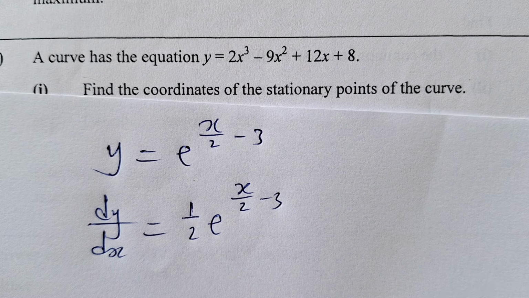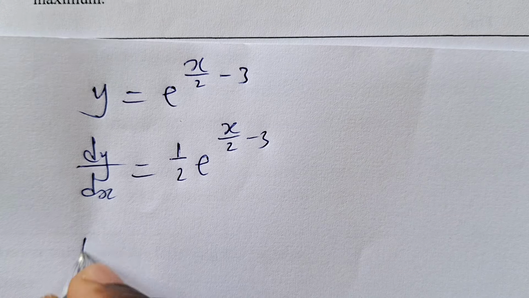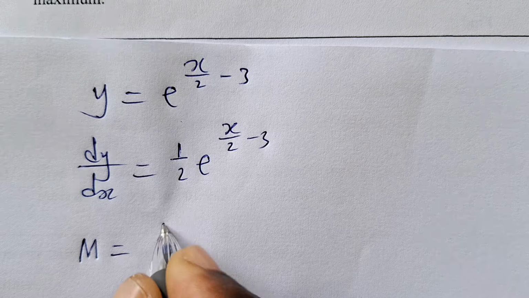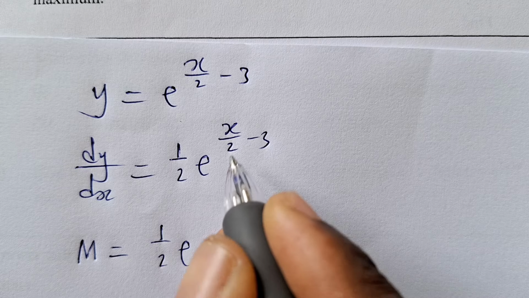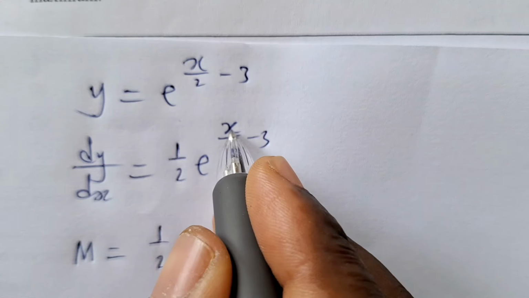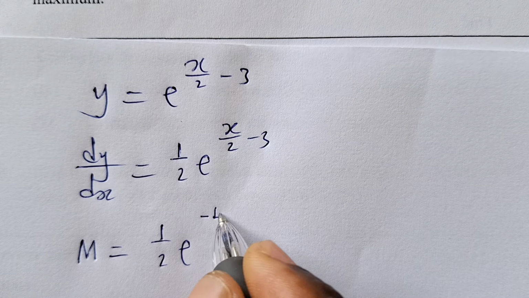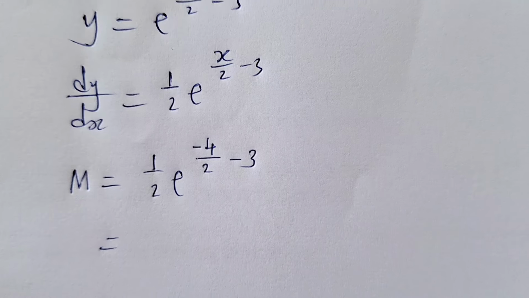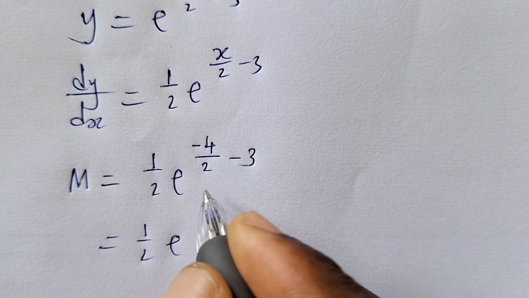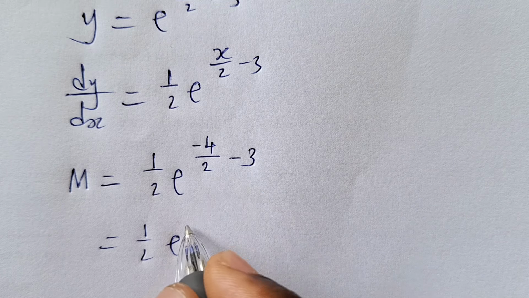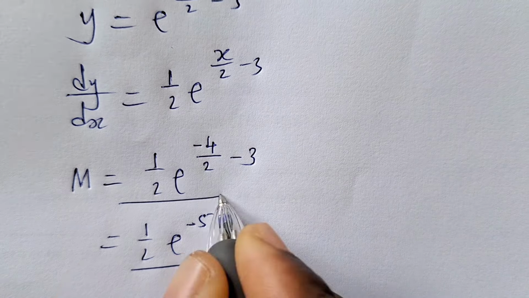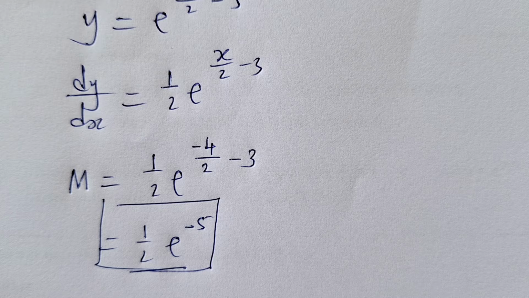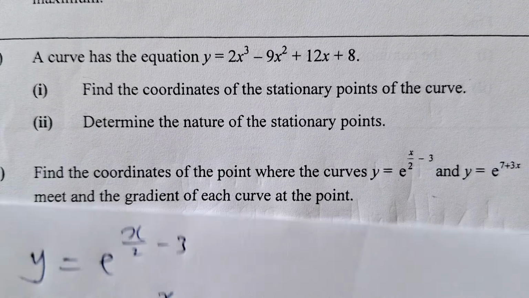This is a derivative. So we are going to say m, which is the gradient, is equal to 1 over 2 e, and then here we substitute negative 4, the value of x, minus 3 here, this is giving us this. So this is the gradient, okay, for this curve.